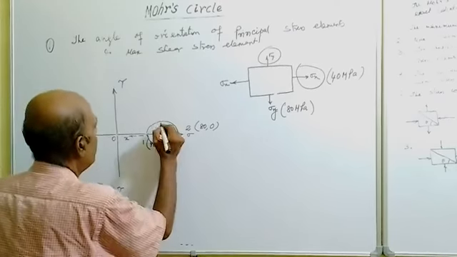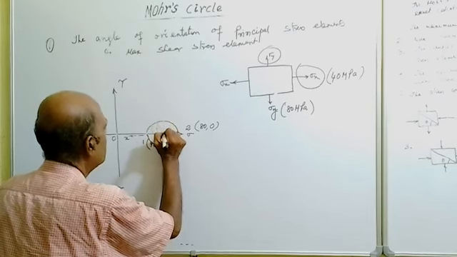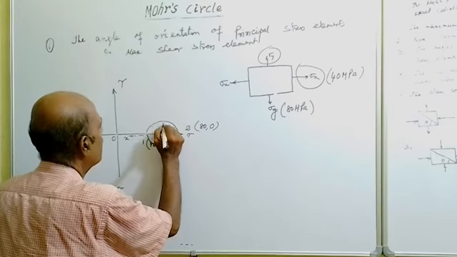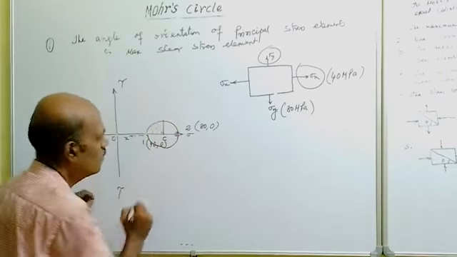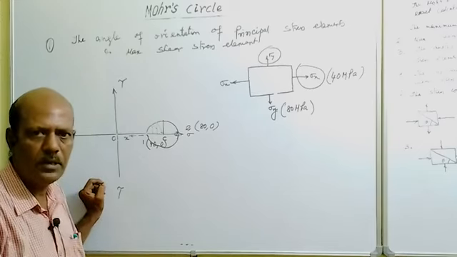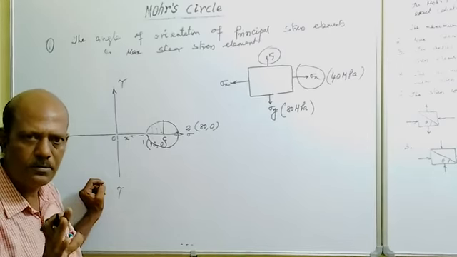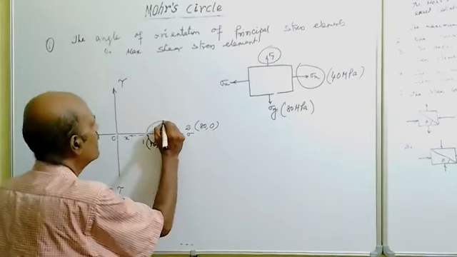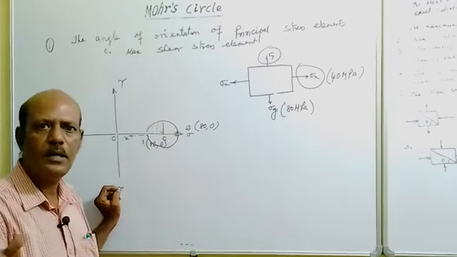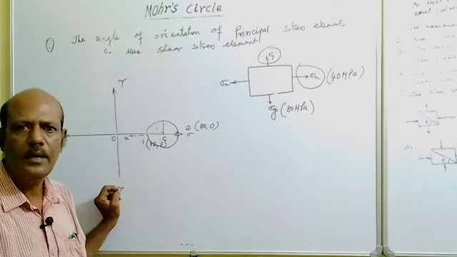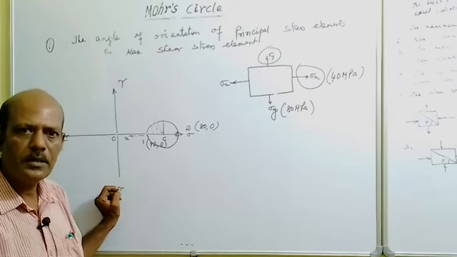So on the inclined plane, if we rotate the x axis up to this, so that this point is just above or below point C, that will give the maximum shear stress. That is the second point what we have discussed. So maximum shear stress will be equal to the radius of the Mohr circle. By measuring the radius of the Mohr circle, we can find the maximum shear stress.